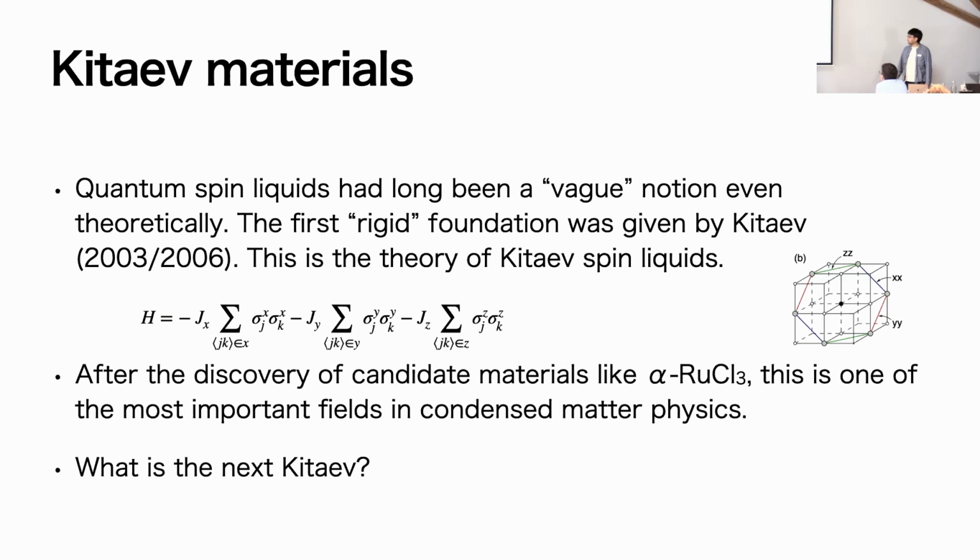The Hamiltonian was already explained, so I won't repeat it, but this exotic Hamiltonian can indeed realize the quantum spin liquid state exactly. More importantly, after the discovery of candidate materials like lithium iridate or ruthenium trichloride, this eventually became one of the most important fields in quantum matter physics because of exotic properties coming from Majorana fermions and half quantization.